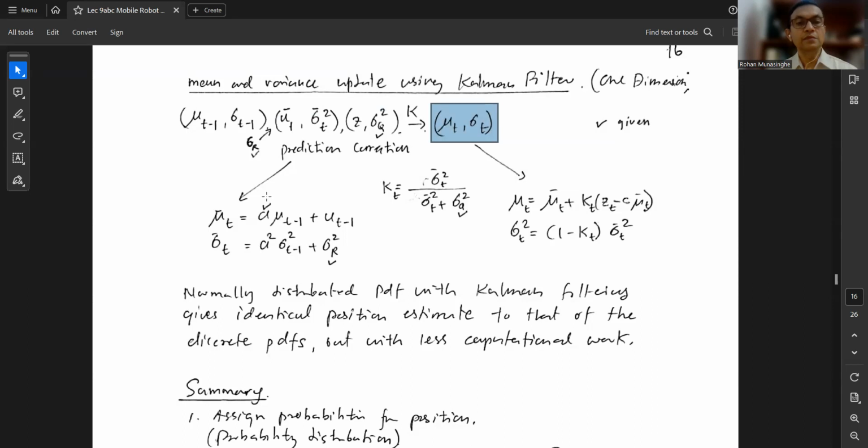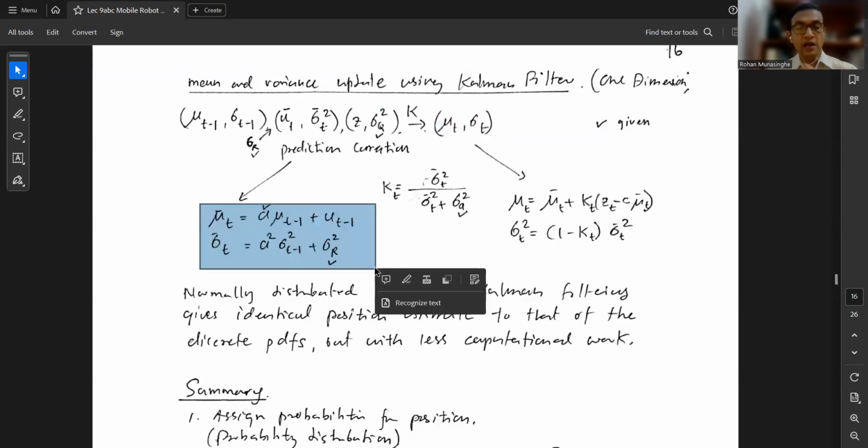In the first part of the process, which is coming from t minus 1 to t using vehicle dynamics, you use these two equations. What is that? Mu bar t is equal to A times mu t minus 1 plus u t minus 1. This is the state space model basically.